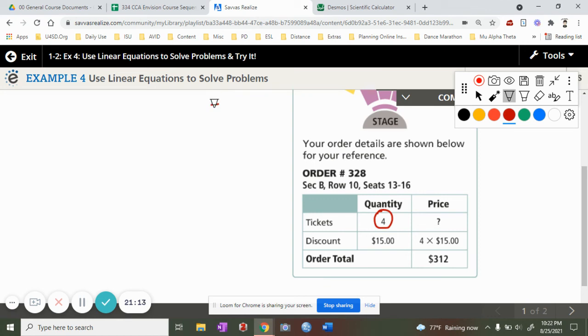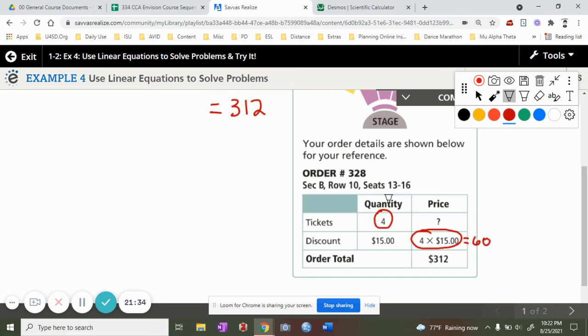So we know one side of our equation is going to be 312. And we discounted the tickets how much? 4 times 15. So our total discount is $60.